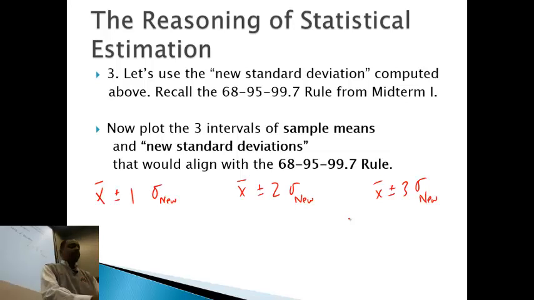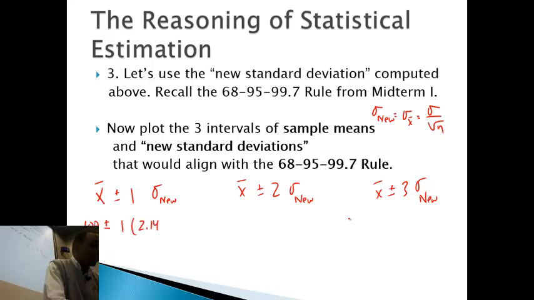And again, by new standard deviation, I refer to the standard deviation over square root of n. So we have here 100 plus or minus 1 times 2.14. Again, I'm just truncating it down to 2.14 for now. 100 plus or minus 2 times 2.14.